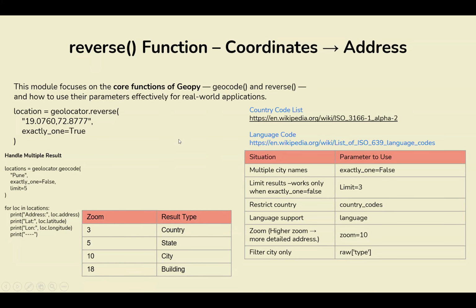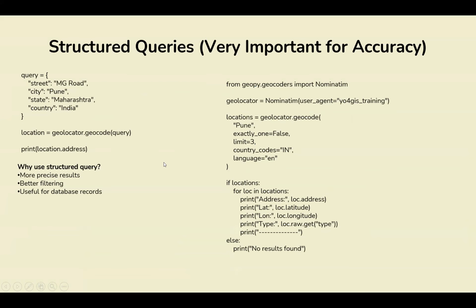So this is the reverse geocoding that we have just seen. Till now in GeoPy we have seen one facility, the geocoding, and another facility, the reverse geocoding. Now coming to the structured query, all these exist to give the query in different ways to make your result precise.